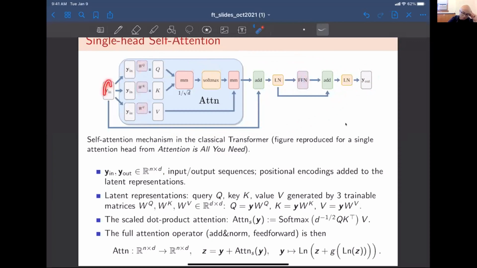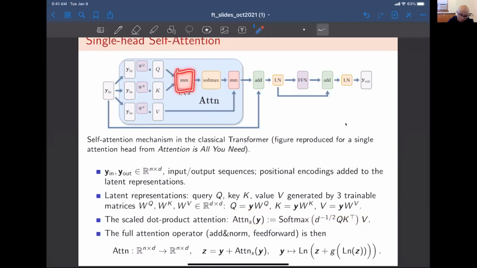Once this input goes in, it is multiplied with three trainable matrices, called the projection matrices. We get the key, query, and value. After that, we do the scaled dot-product attention.